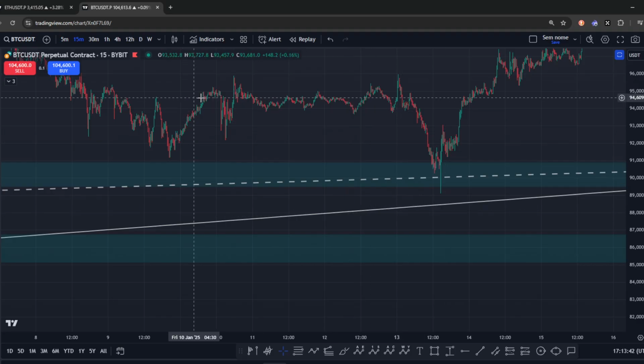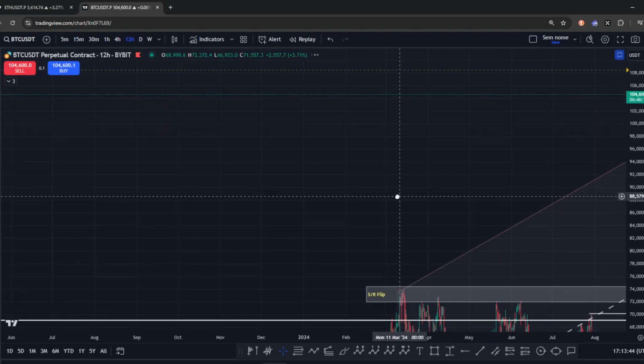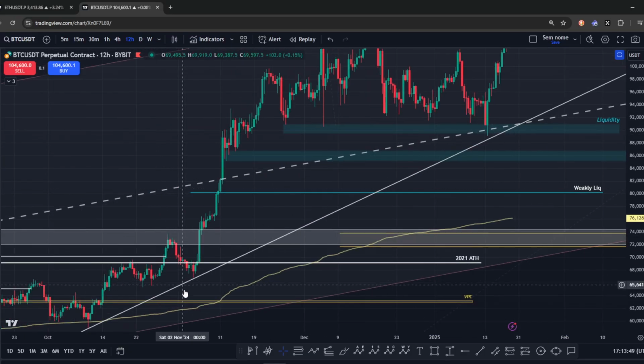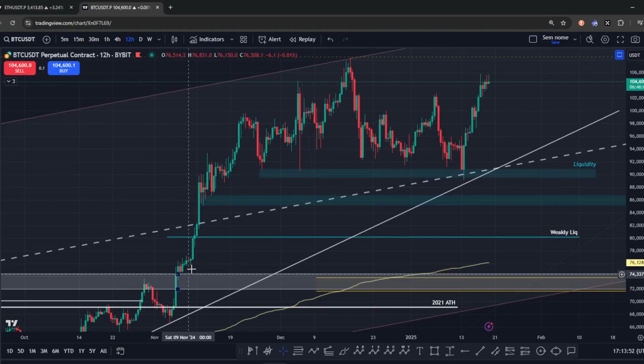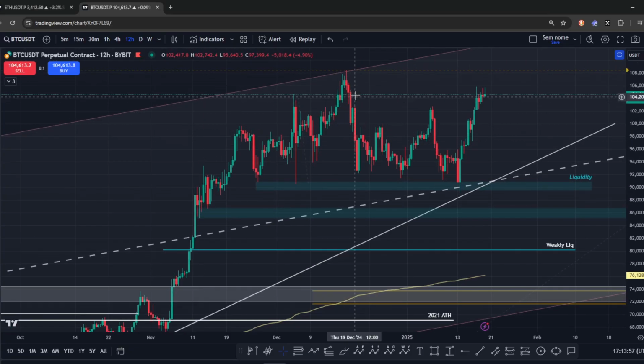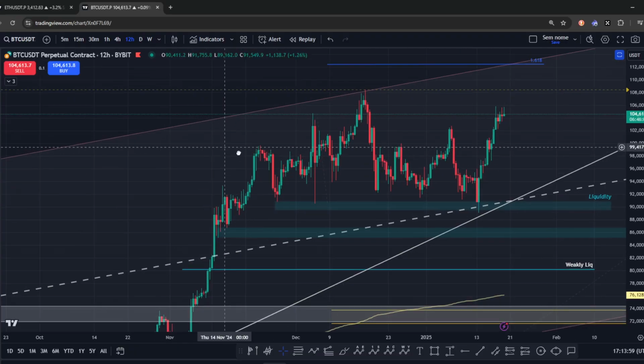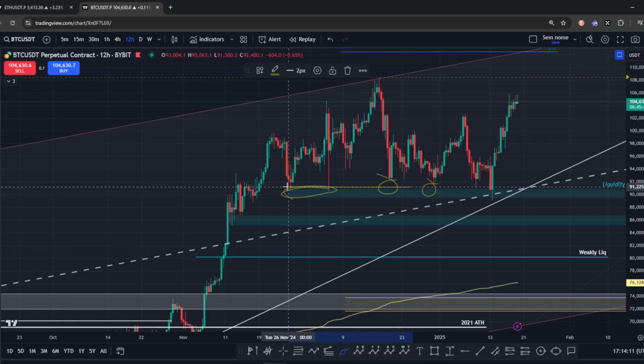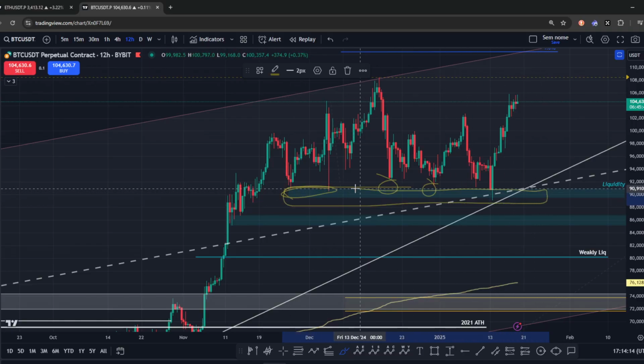I had this zone drawn out for a long time. Why is that? Because if you see, after this expanding movement of the market, after it topped out, after it tried to top out multiple times, it started to make a zone of lows, lows, and it made a liquidity zone target.